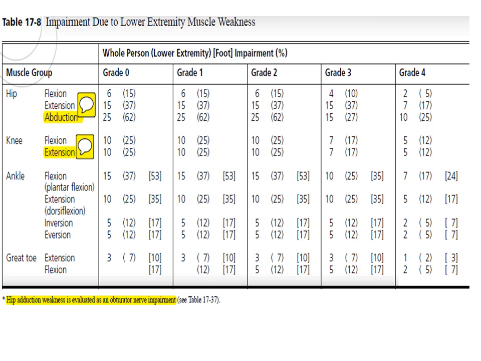So we see here in table 17-8 that a 25% loss of strength of hip abduction qualifies for 10% whole person impairment. Compare that to a hip disarticulation in table 17-32, which qualifies for 40% whole person impairment.